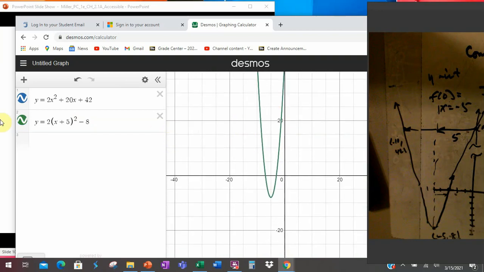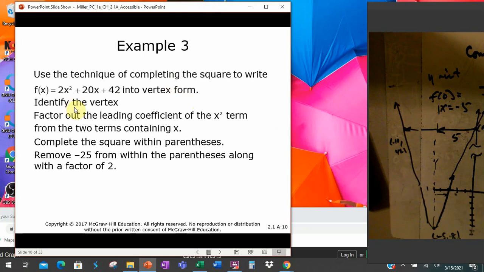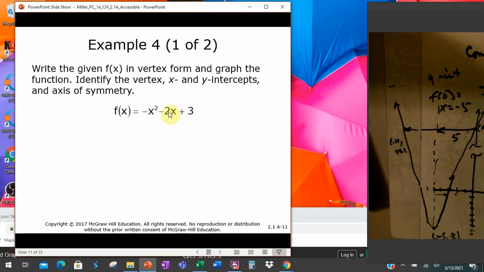I only see one graph, and if I turn that one off, that's that version. There's the green, there's the blue. These two are the same equation, it's just a different form. This is a much more desirable form in that I can read off the vertex -5, -8.